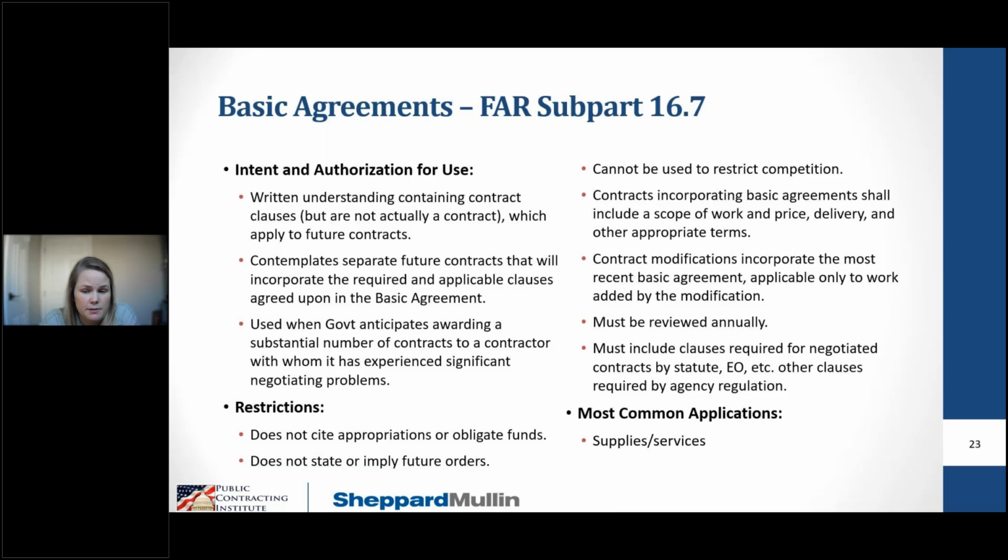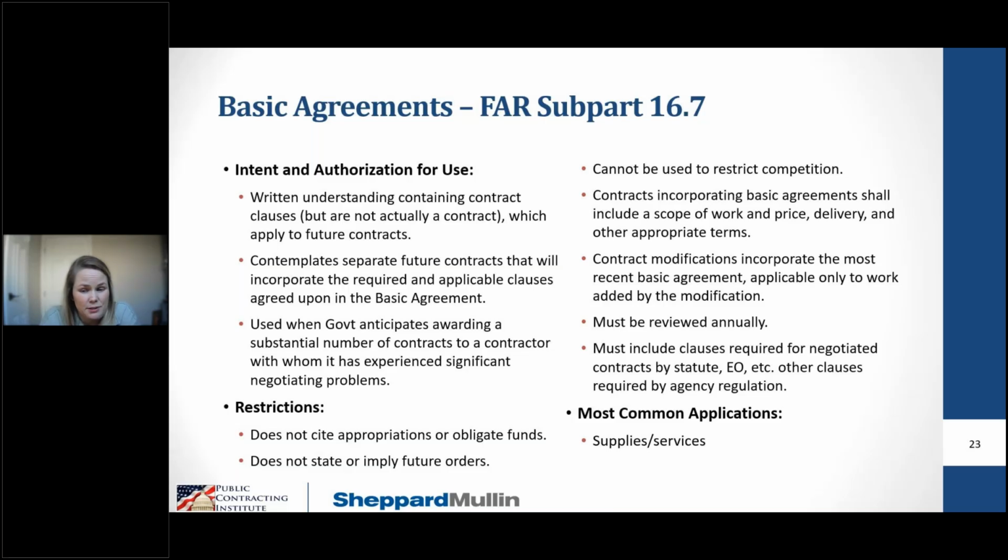Basic agreements may be used with both fixed price and cost type contracts and should include a term allowing either party to terminate the basic agreement with sufficient notice, but this termination will not impact any contracts already executed. It's just the basic agreement that would be executed.